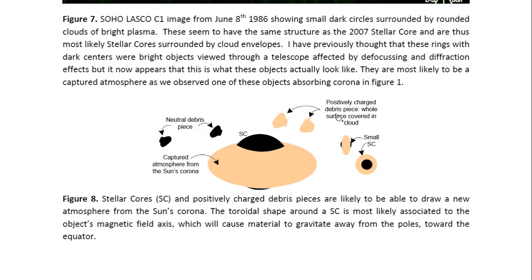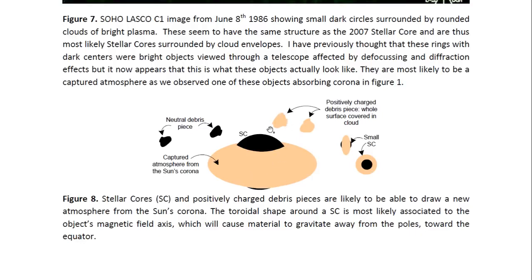And positively charged debris will attract corona as well, but it will most likely be completely covered in it. And this is because the toroidal shape is most likely associated to the object's magnetic field, which will cause material to gravitate away from the poles towards the equator.